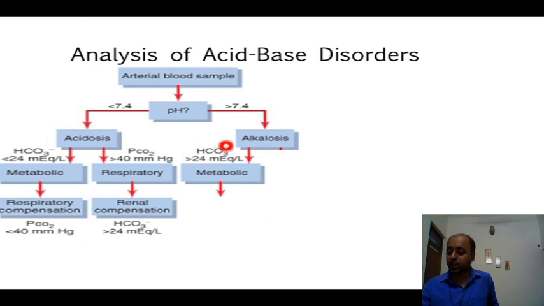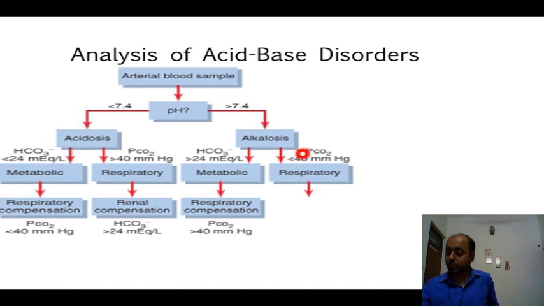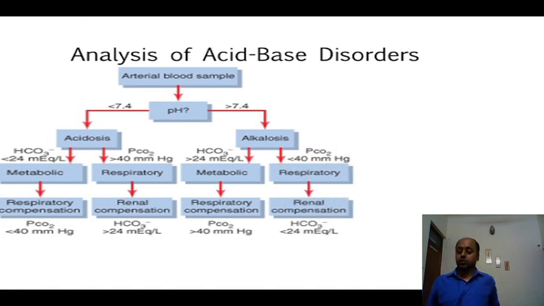Look at the bicarbonate for metabolic, and then for compensation look at pCO2; for respiratory, look at pCO2, and then the compensation. So with this flow chart, you are very comfortably able to determine the primary cause and whether the compensation is there or not.